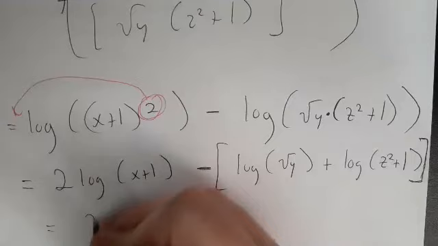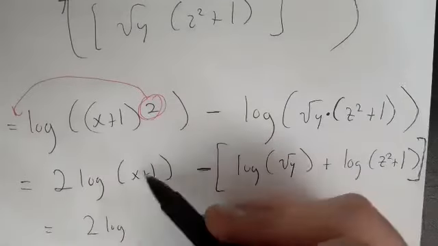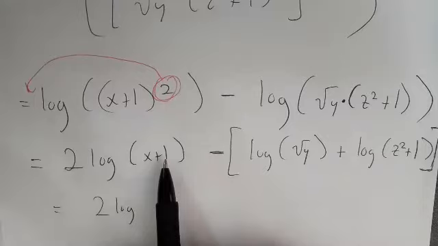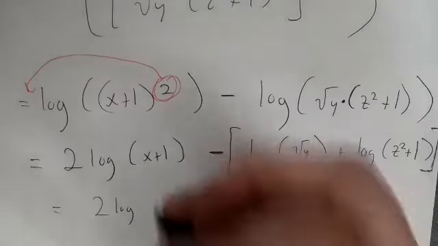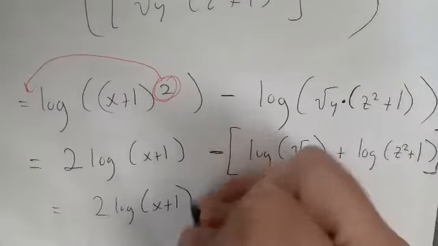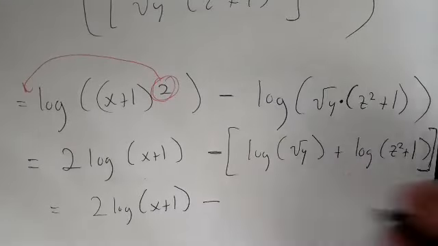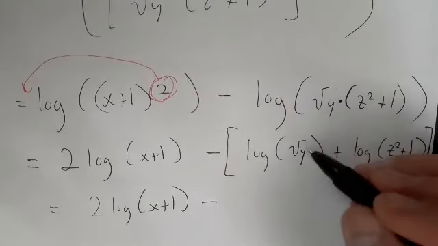Okay, so this is 2 log. And if I look in here, do I have any multiplication, division, or exponents? Does not look like it. I just have an x plus 1. And I'm subtracting this. If you want to distribute this, you can. You don't necessarily have to.